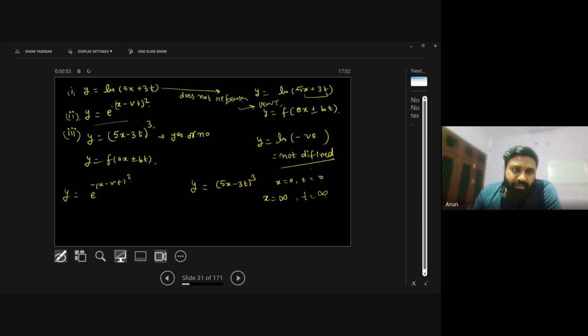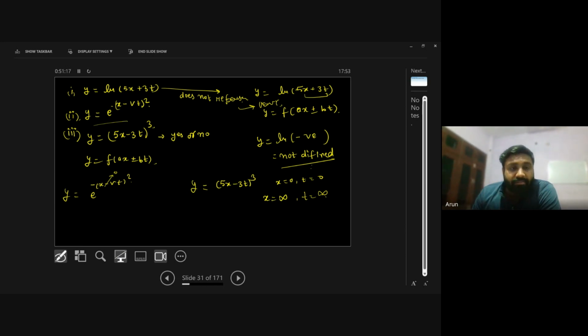So let's say this whole function x minus vt is 0. So e raised to the power 0 will become 1, and 1 is a defined value. You know, e raised to the power 0 will become 1. So no problem with 0.